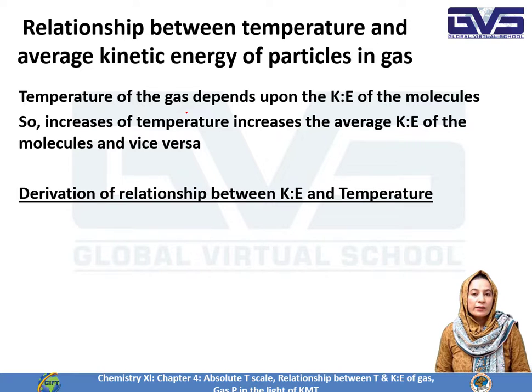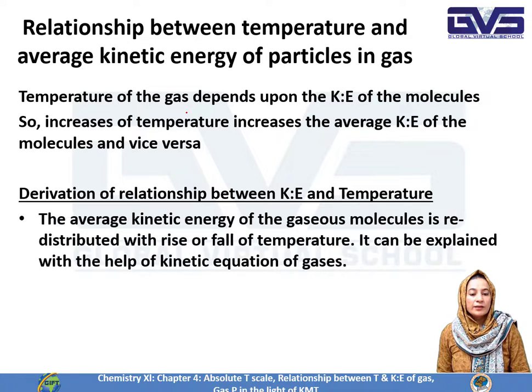And how can you derive a mathematical relationship between kinetic energy and temperature? When a gas is at some particular temperature and you increase its temperature, its kinetic energy will change and redistribute. As you decrease the temperature, again its kinetic energy will change and redistribute.